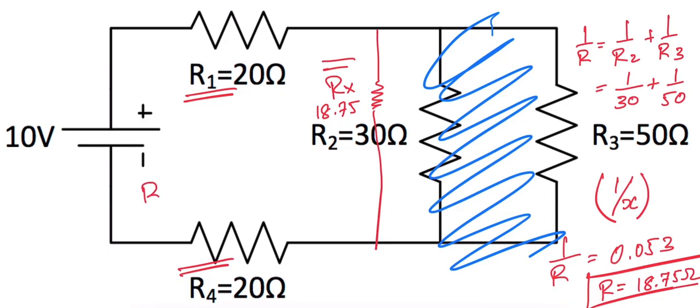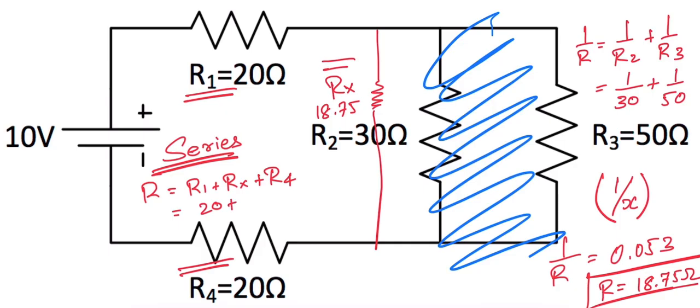We know the game for the series equation, which is R1 plus Rx plus R4. Since they are in series, you can apply a simple equation for series connection. And in that case, you can just add all three values together: 20 plus 20 plus 18.75.